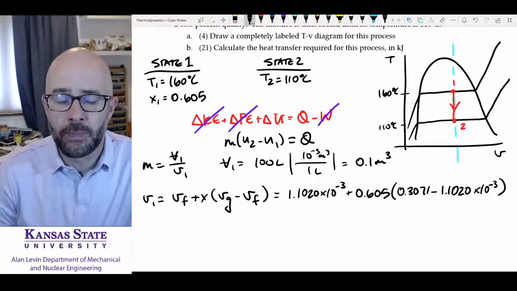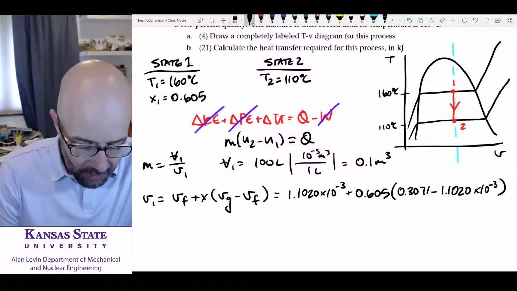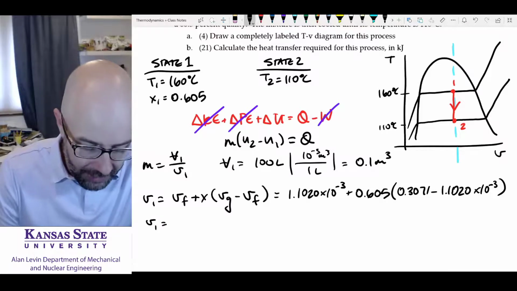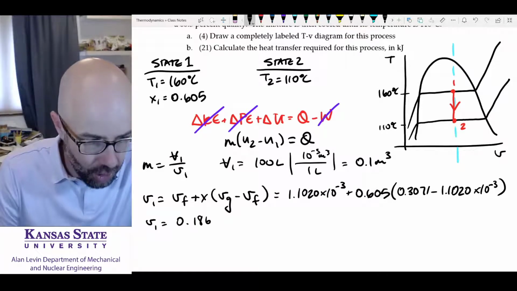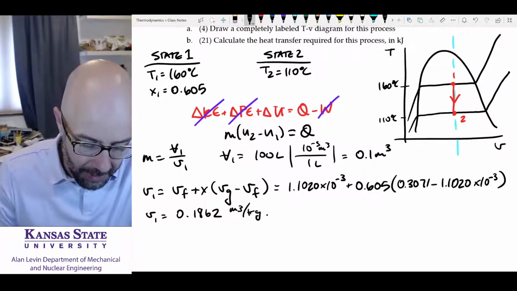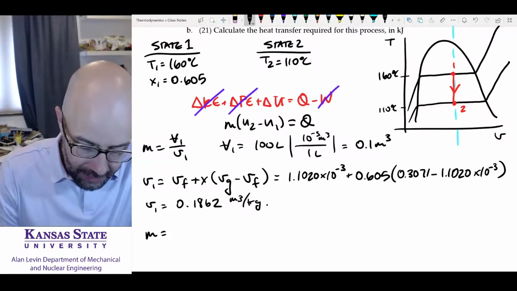Okay, plug and chug along, and my specific volume at 1 is going to be equal to 0.1862 meters cubed per kilogram. And that can help me find my mass. My mass is now going to be 0.1 divided by 0.1862, in meters cubed.